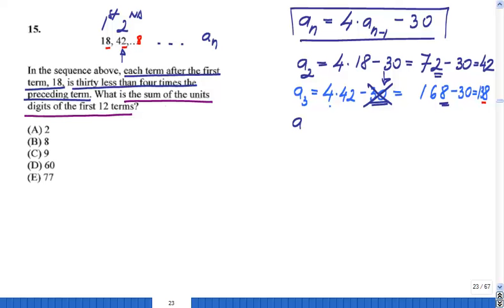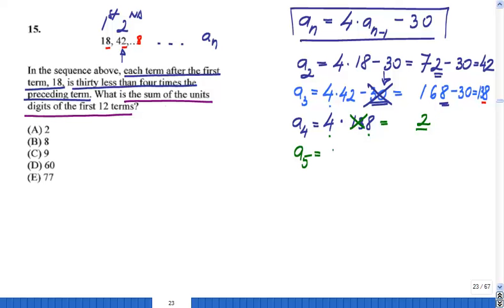Okay? So if I'm going for a sub 4, I will have 4 times 138, right? And it seems to me that I can really ignore the first 2 digits, because whatever that number will be, from which I will have to subtract 30, the last digit will always be given by the product of 4 times the last digit. 4 times 8 is going to be 32, last digit is going to be 2.